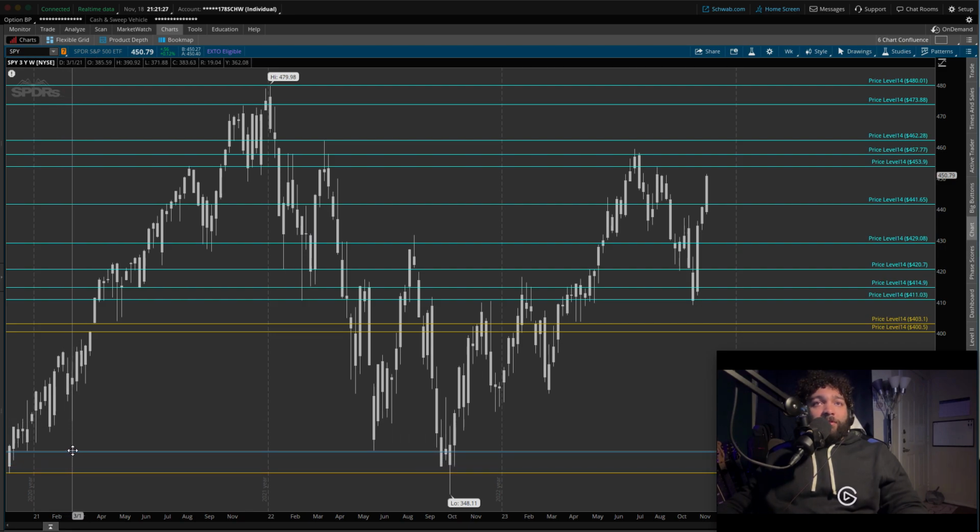you're going to start to look for stuff where you can see here and here there's levels where it's bounced on and off of. You want to look for places where it's rejected or supported multiple times. Like right here, you can see it's kind of a point.